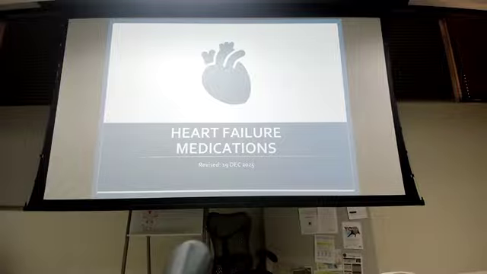A lot of times we're just giving some of the classes of hypertensive drugs to draw off fluid or make some other changes that don't necessarily help with morbidity and mortality or decrease the advancement of heart failure, but they get the symptoms down, especially when you start talking about things like acute decompensated heart failure, where you're in the hospital and you need to be given something to get fluids off you quickly.